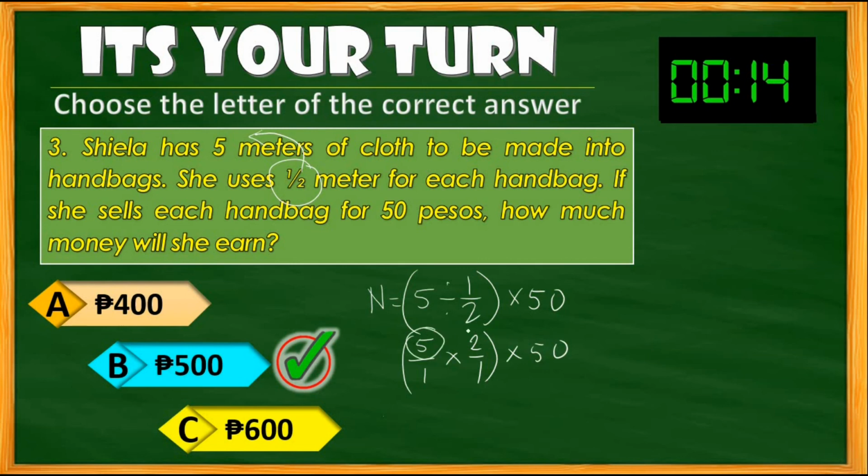Then 5 multiplied by 2, the answer is 10, and then 1 times 1, the answer is 1. So 10 over 1 multiplied by 50. 10 divided by 1, so it would be 10. So 10 times 50, the answer would be 500. So correct.